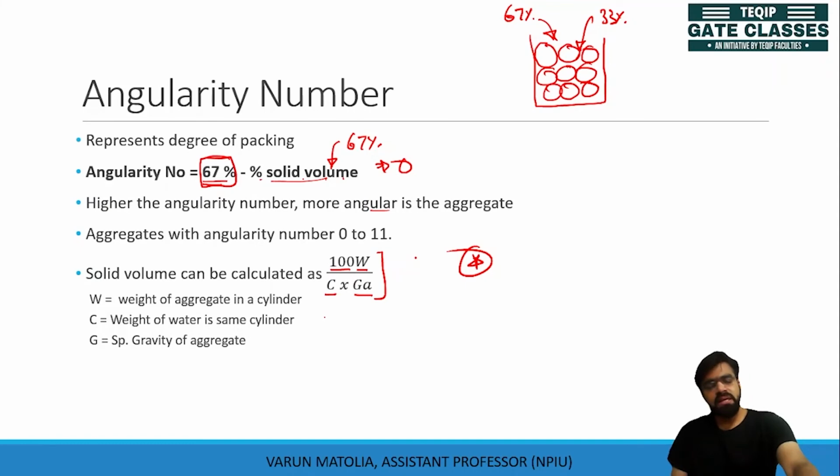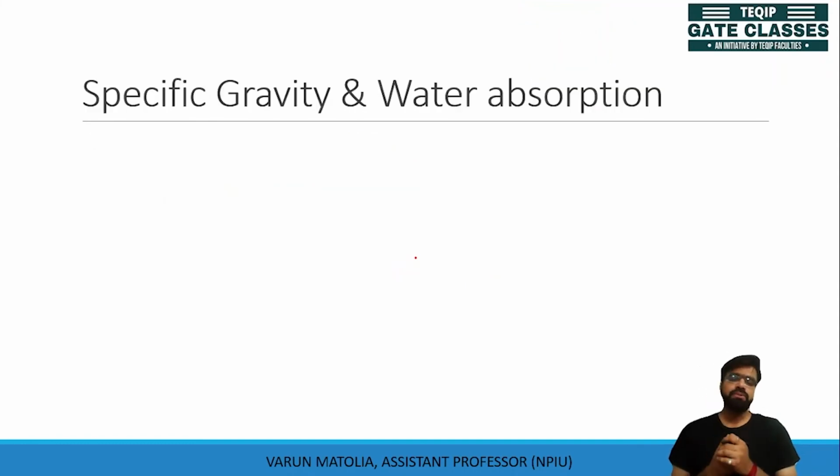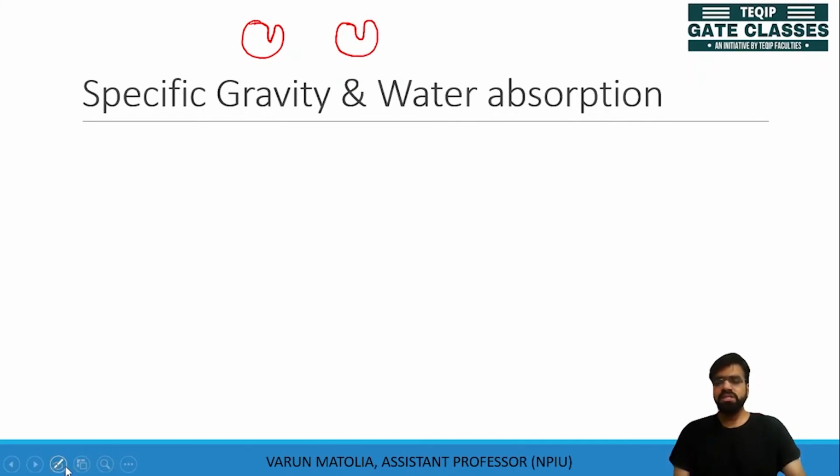Let us see specific gravity and water absorption. We know, if this is the shape of an aggregate, I am making a rough shape in order to make a differentiation. This is the shape of aggregate.